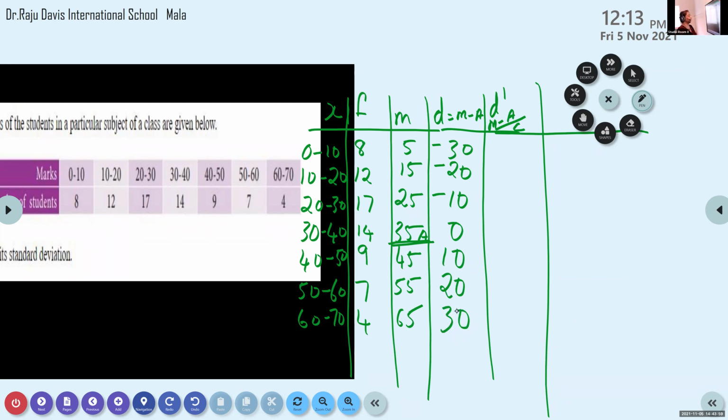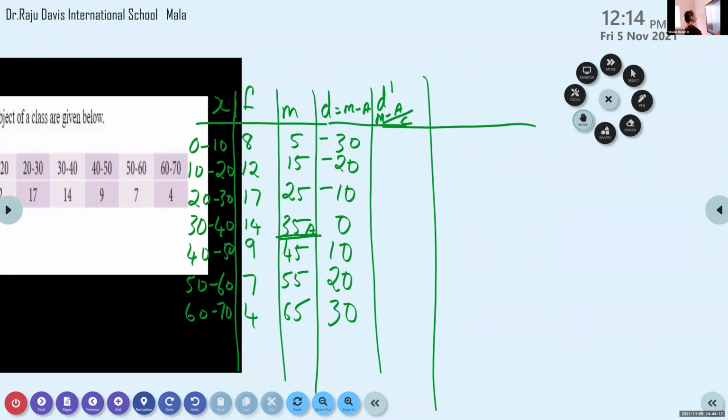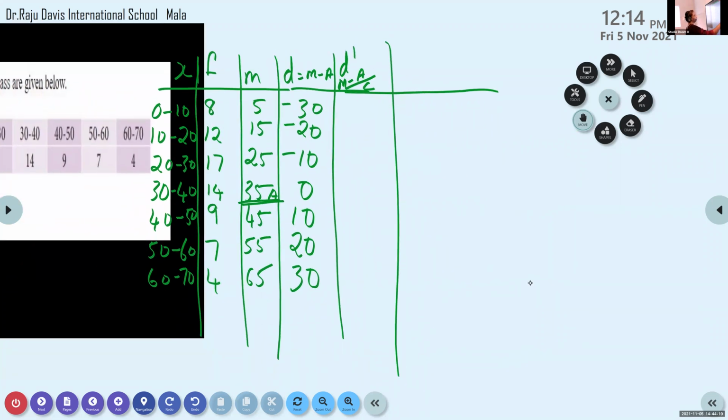Now you can find a common factor. In this, you can take 10 as the common factor and you can divide. So we are simplifying the numbers here. We are making the numbers small here. So you can take the common factor as 10.